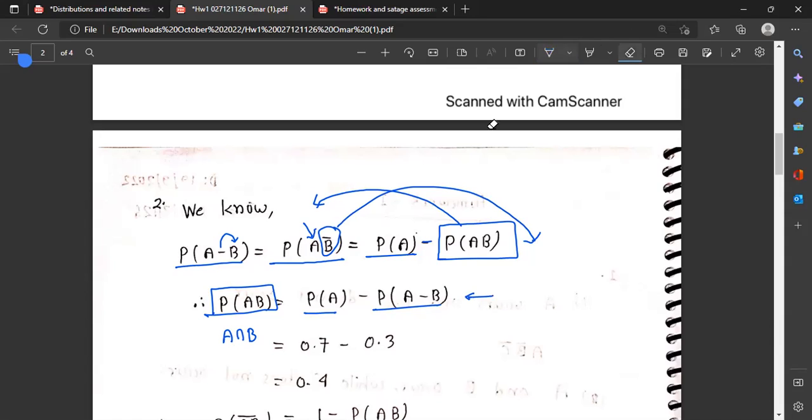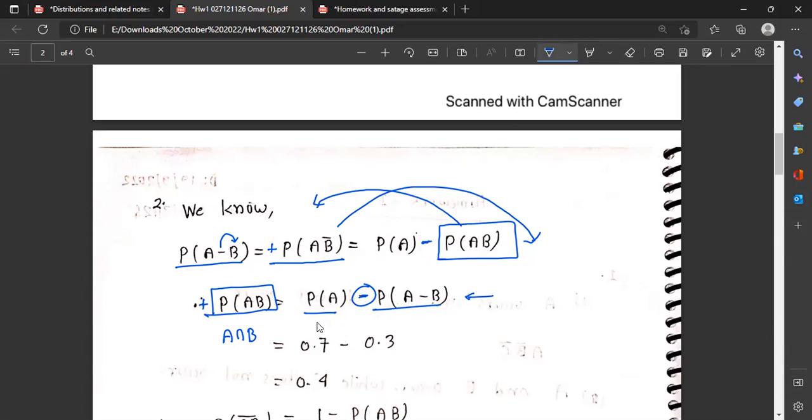It's not very difficult. Just change the position in the equation, and then this minus sign will become a plus sign, and this plus sign will become a minus sign.